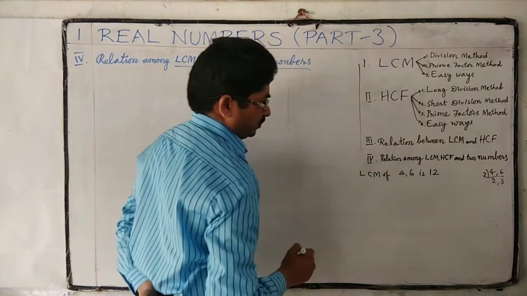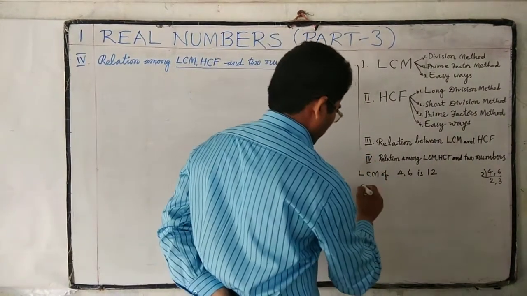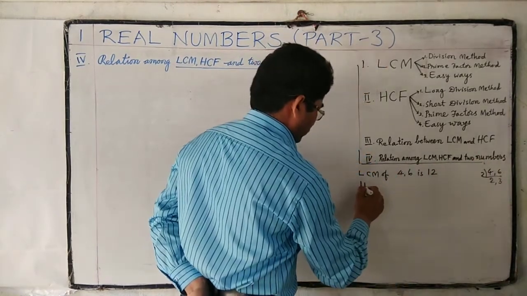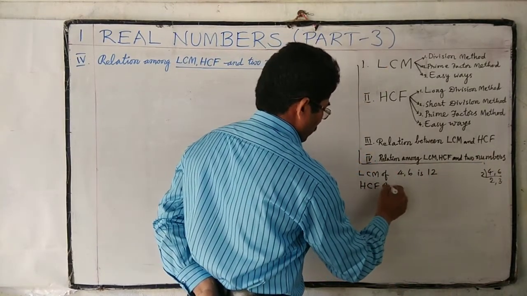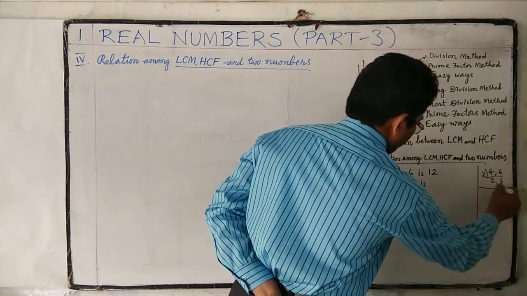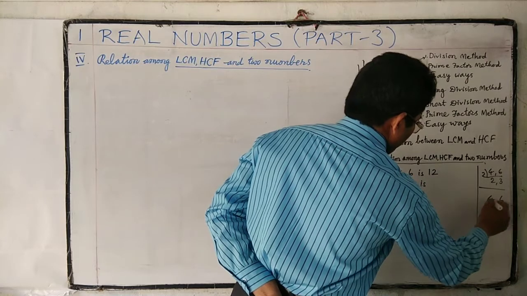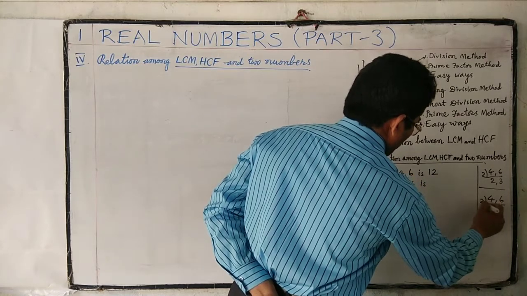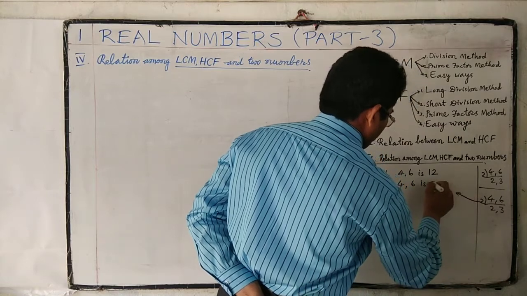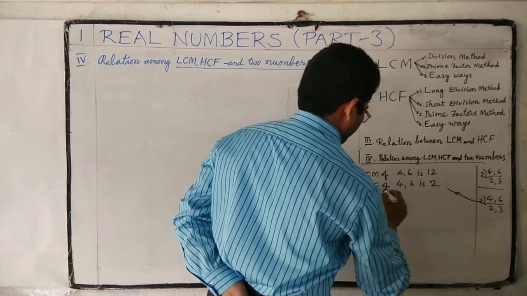LCM of 4, 6 is 12. Next, HCF of 4, 6: short division, 2 2s are 4, 2 3s are 6. So 2 is the HCF.